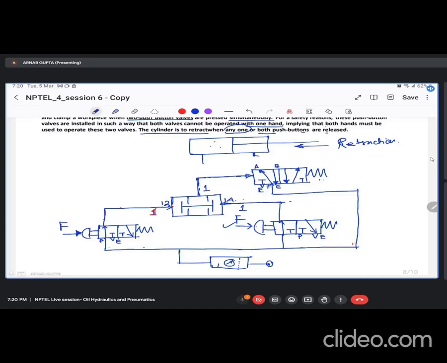There are two different exhaust ports for the A and B lines in this direction control valve, as you can remember. And this is connected to A, this is connected to B. Now what happens? If you see the main flow line that is taking place here, it will go through this to A and the cylinder will extend now.